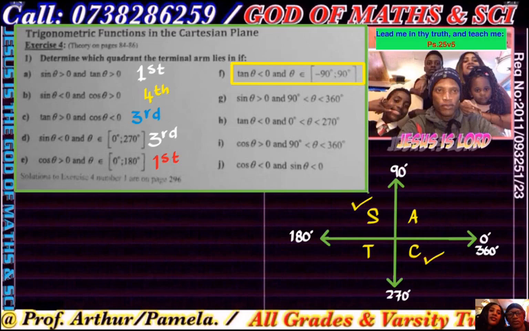All right, you're given negative 90 to 90, so you know where the 90 is. It's here, this is 90 positive.